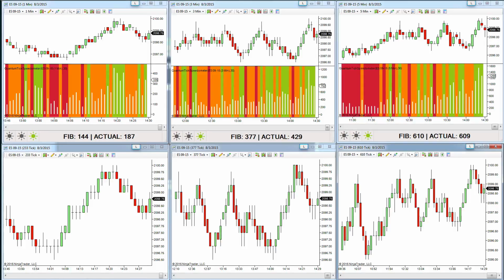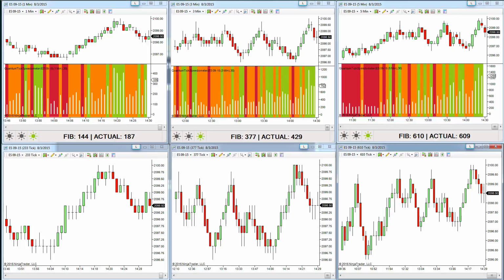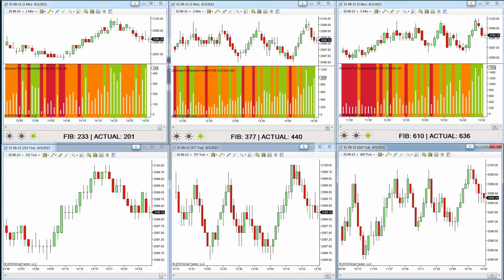You can see there on the histogram, we've got a nice even display of tick volume. But as you'll also see, as we come into the physical open, the tick activity will jump dramatically, as indeed will the tick speedometer settings.